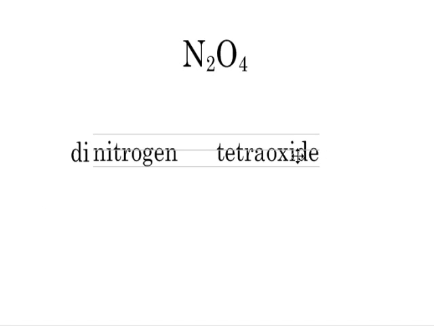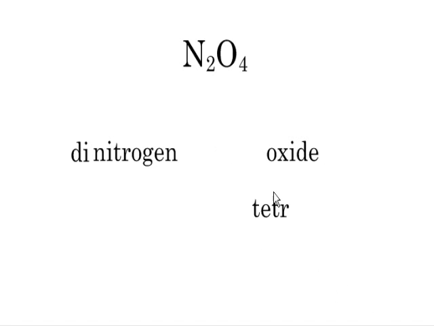Now, tetraoxide, apparently somebody decided sounds kind of funny, so we shorten it up. We're just going to drop the A, and we're going to end up with dinitrogen tetroxide. The AO combination, we'll drop the A. Also, there's examples with a double O, we'll drop one. For example, monoxide, we don't say monooxide, we go monoxide.